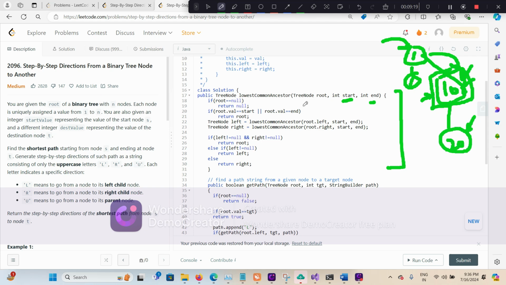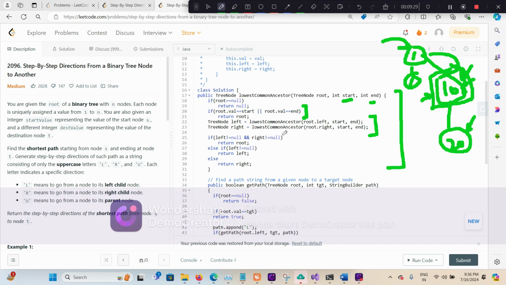So if it is matching with any one of these values, we return only this node. Otherwise, we are doing the bottom-up approach. So we are going to the left side and we are going to the right side. In this case, if neither of them is null, it means the values are on the left side and the right side.